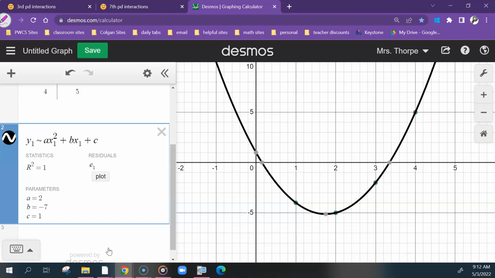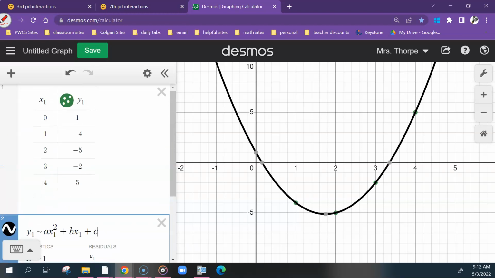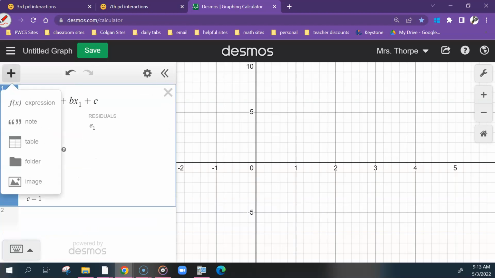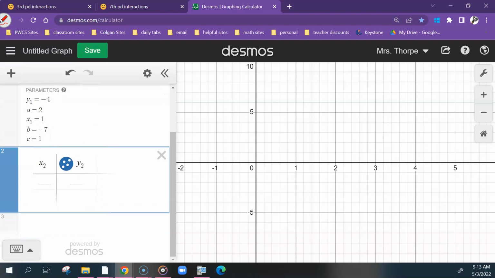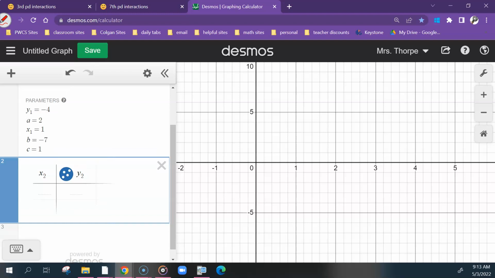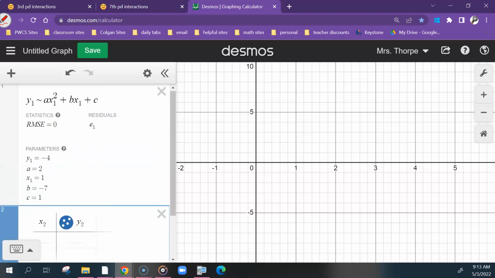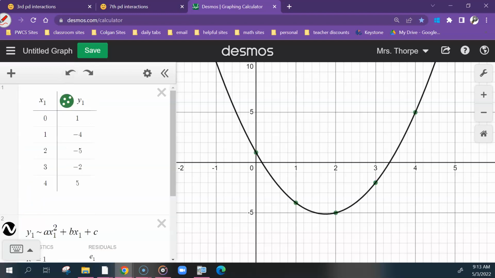If you're using Desmos for the second one, you could go back up to the table you have and just change out the numbers. Or you could delete this and add another table. But when you add another table, it changes this to x2, y2. So if you add another table, when you put in your equations, this would now be 2's instead of 1's, unless you keep the same table. I'm going to use the same one so I don't have to change this.